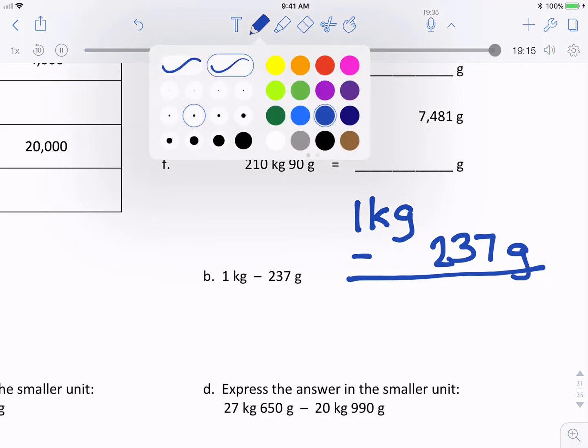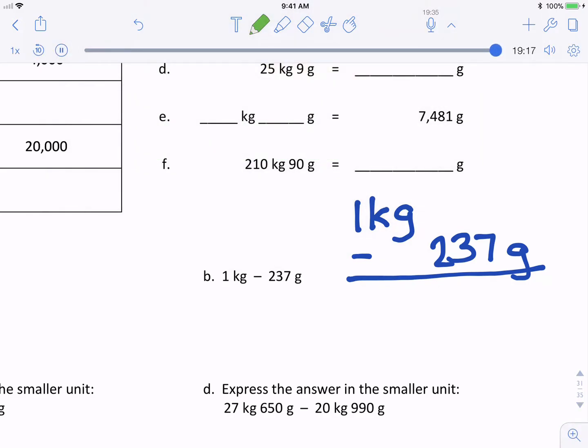How many grams did I just borrow? I borrowed 1,000. Okay, you should be able to do the rest on your own. Remember, look at the neighbor. This one, the zeros go all the way up to the 1. That's going to leave me with 99. So go ahead and try this on your own.